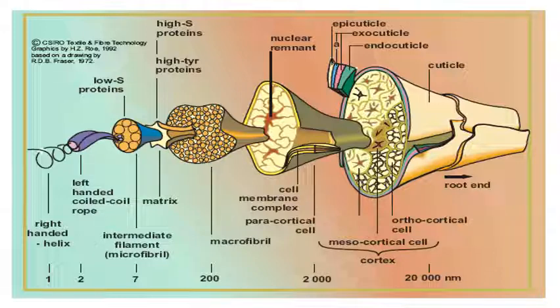Further we get the microfibril, that is 7 nanometer, and from there comes another helical structure which we call protofibril, and that is only 2 nanometer, and finally comes the actual protein molecule, the keratin, that is 1 nanometer. So from 20,000 nanometer it goes down to 1 nanometer.